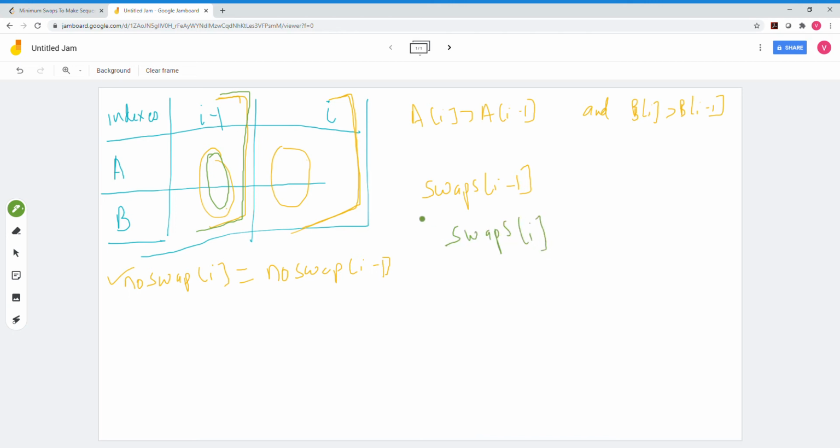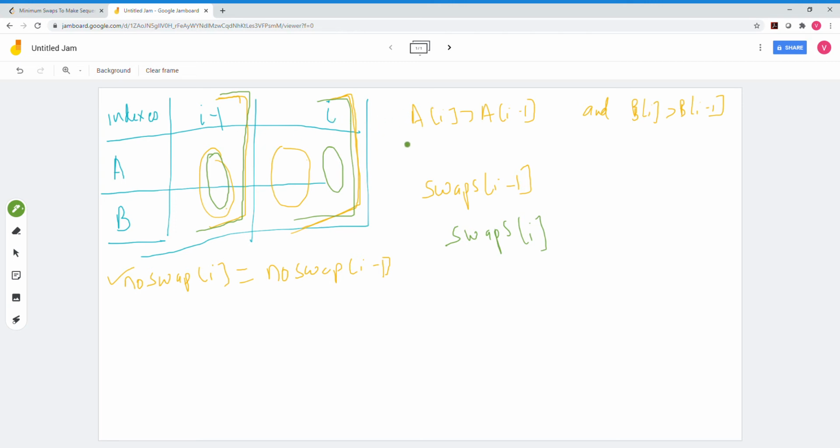Okay. Now let us say, what is swaps of I? Swaps of I is the cost to make both the arrays increasing until here, and there will be a swap here. Now see, according to this case, if there is a swap here, then there has to be a swap here also. Now lay emphasis very carefully with this condition.